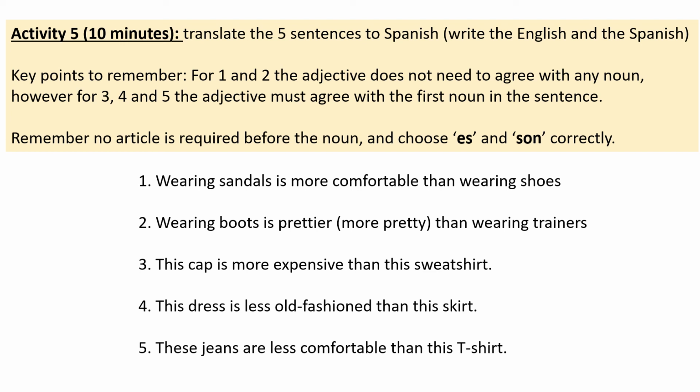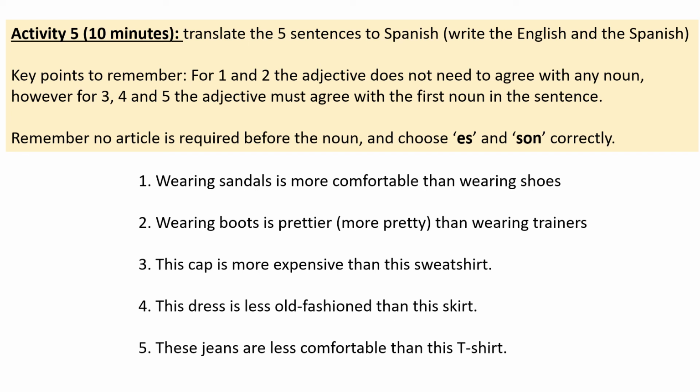For 1 and 2, the adjectives do not need to agree with any noun in the sentence. However, for 3, 4 and 5, the adjective must agree with the first noun in the sentence. Remember, no article is required for noun, and be careful to choose es and son correctly.